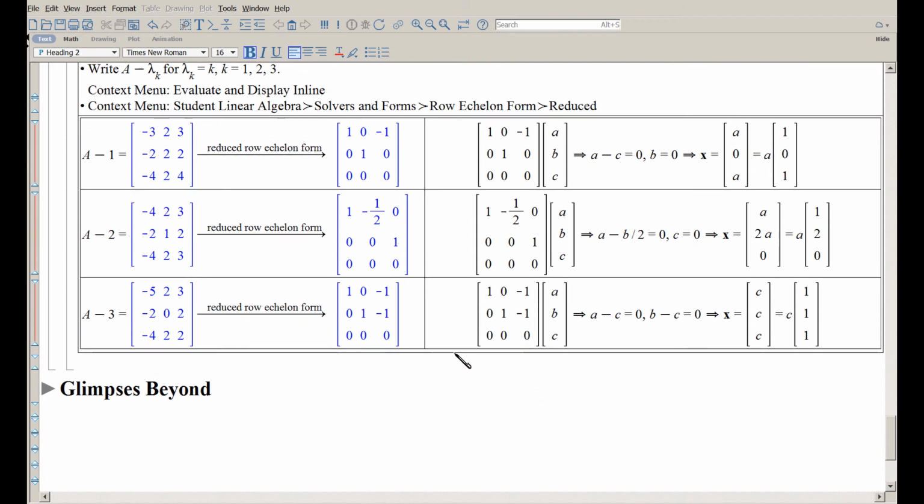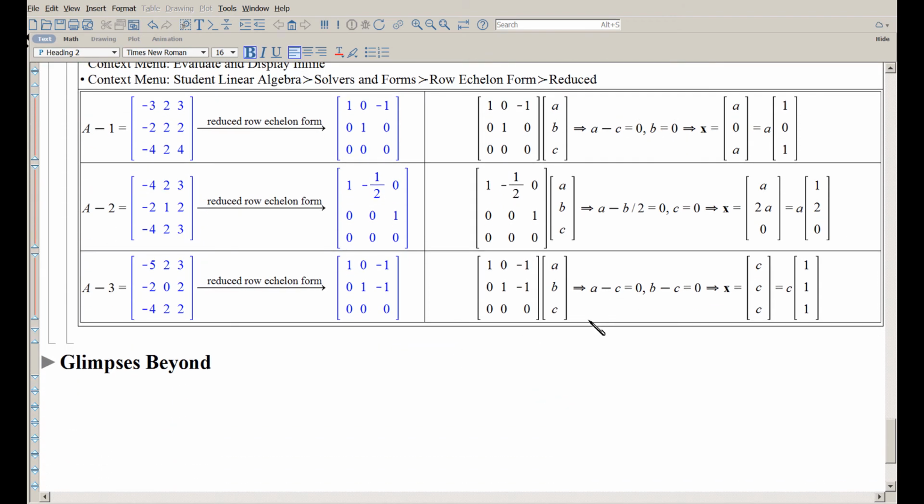And in the third case, you get A minus C, B minus C. Both of those are equal to 0. So A and C are equal, so I use the letter C. B and C are equal, so I again use the letter C. And if I factor out the C, I get 1, 1, 1.